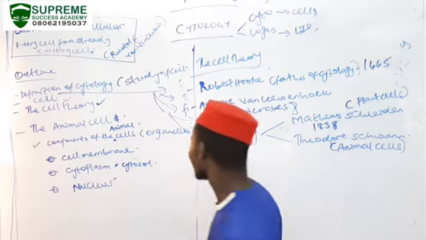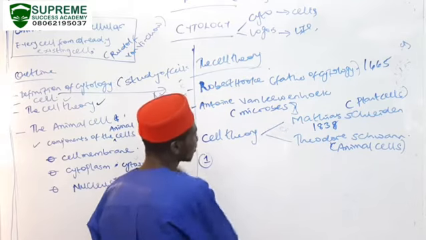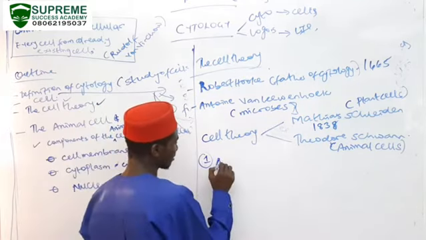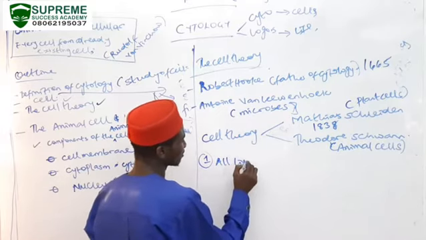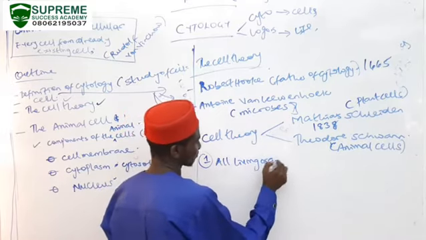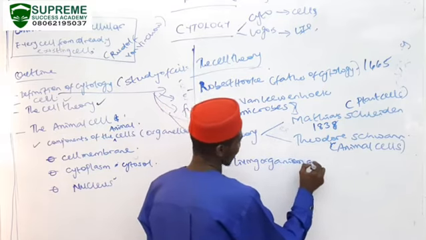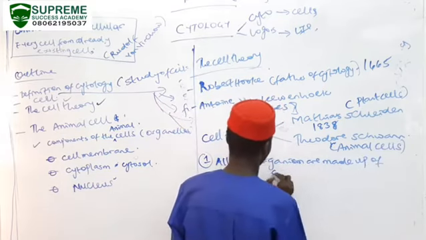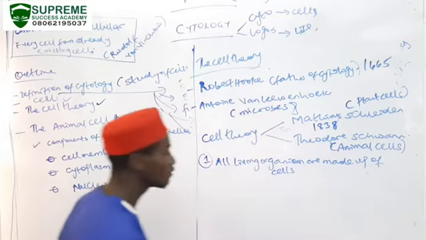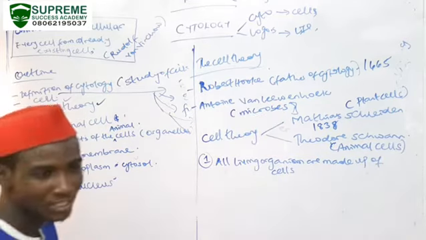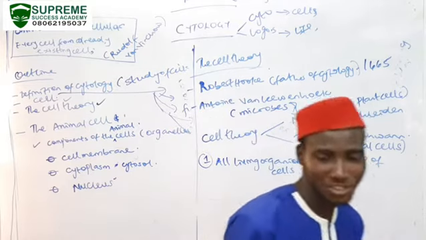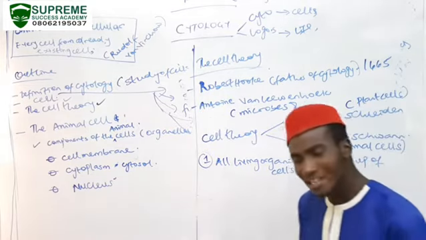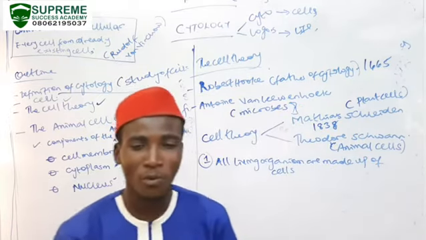Number one, the postulates of the cell theory say that all living organisms are made up of cells. Whether the living organisms are unicellular or multicellular, all living organisms are made up of cells.